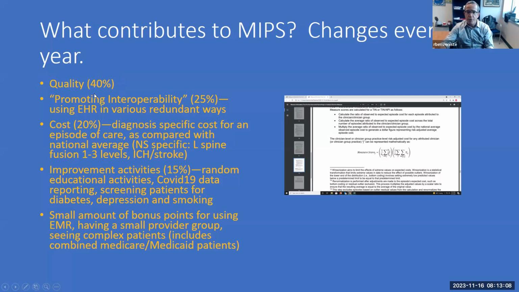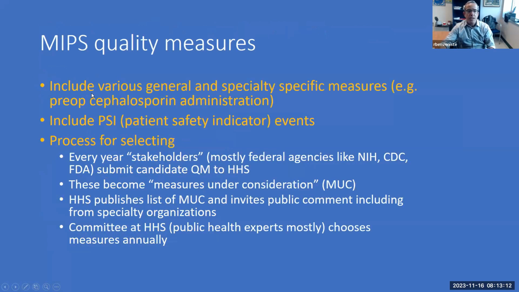And one very important metric that's used by Medicare to assess quality is complications, and they call them PSI, or patient safety indicator events. There's other measures too, like whether or not we give a first generation cephalosporin before surgery, but PSI is very important. I think 4%, possibly now 5% of Medicare payments are based on PSI events.